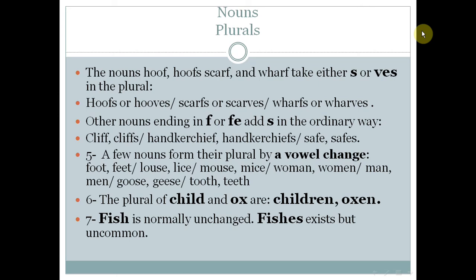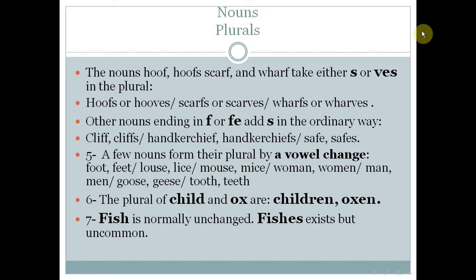Woman, only one woman, two women. Man, one man, two men, three men. Goose, geese: one goose, two geese, three geese.